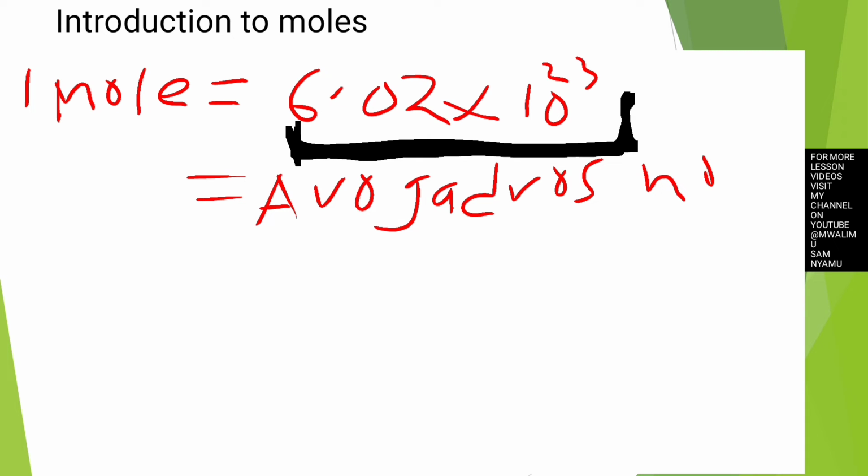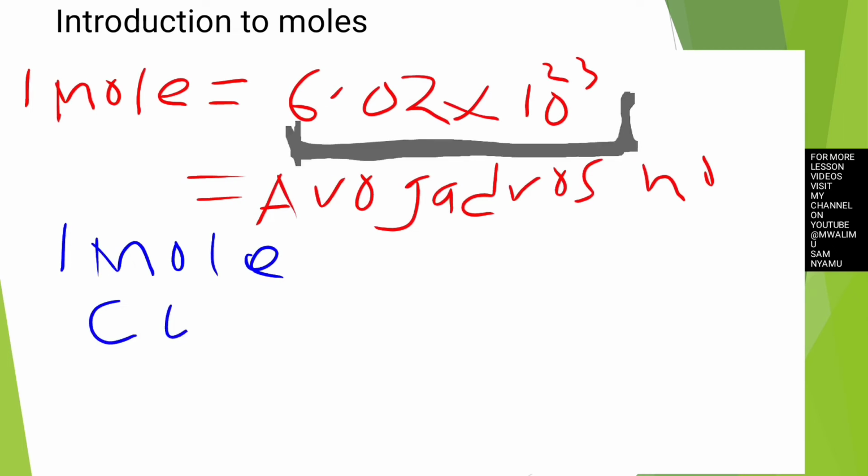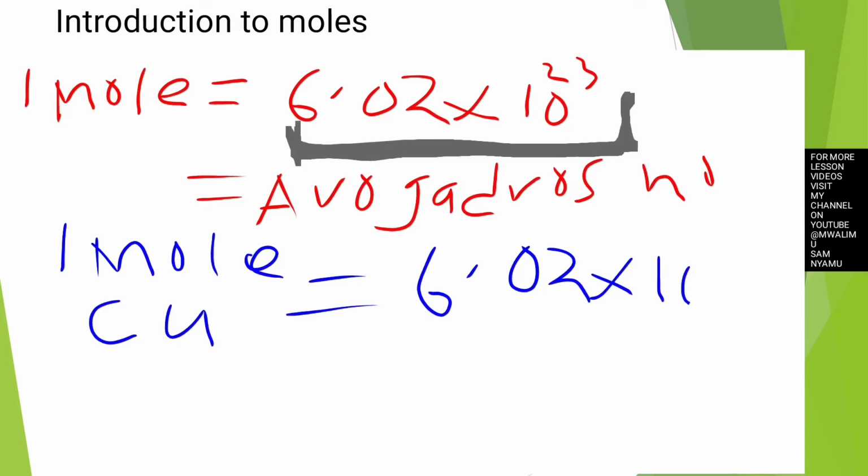For example, 1 mole of copper would contain 6.02 times 10 power 23 atoms.